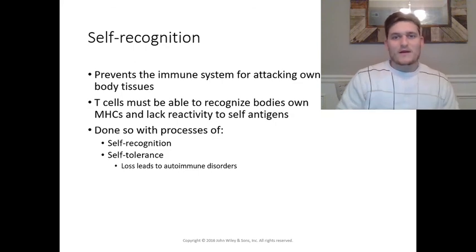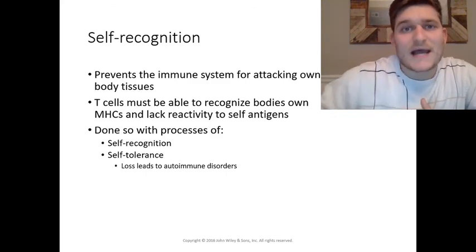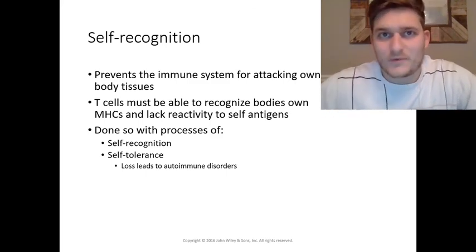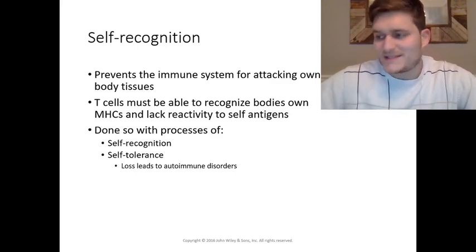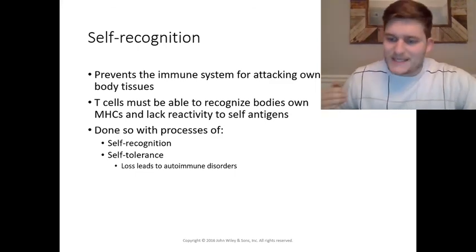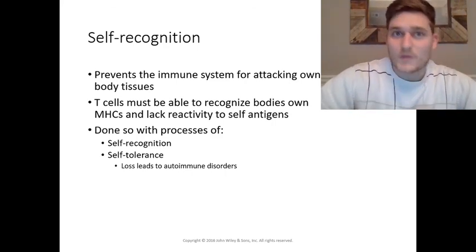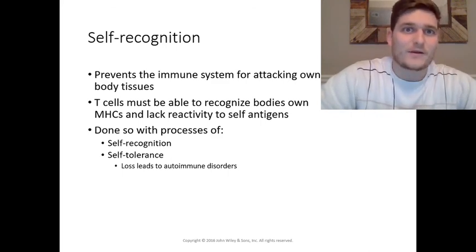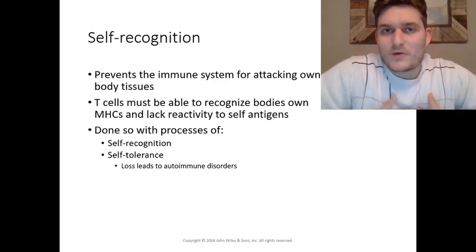This is where a lot of autoimmune diseases come into play, because inflammation is good for getting rid of microbes, bacteria, and different pathogens. But if those inflammation and immune responses are turned on all the time and attacking our own cells, this is going to lead to the deterioration of our health.